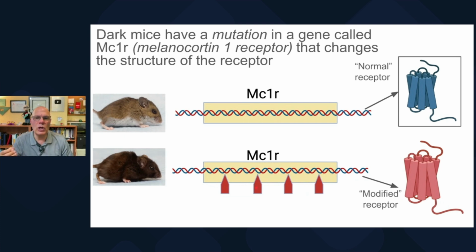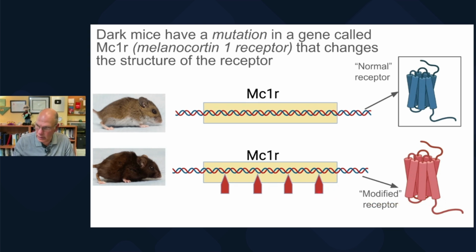The instructions are encoded in a system of chemical letters. And those chemical letters are slightly different in the dark mice, and that leads the receptor to be modified. Now, I've represented this here for ease of use just as a different color. But the thing to know is that it's actually a slightly different shape, which means that this will respond to external signals differently, and it'll induce changes inside the cell differently.